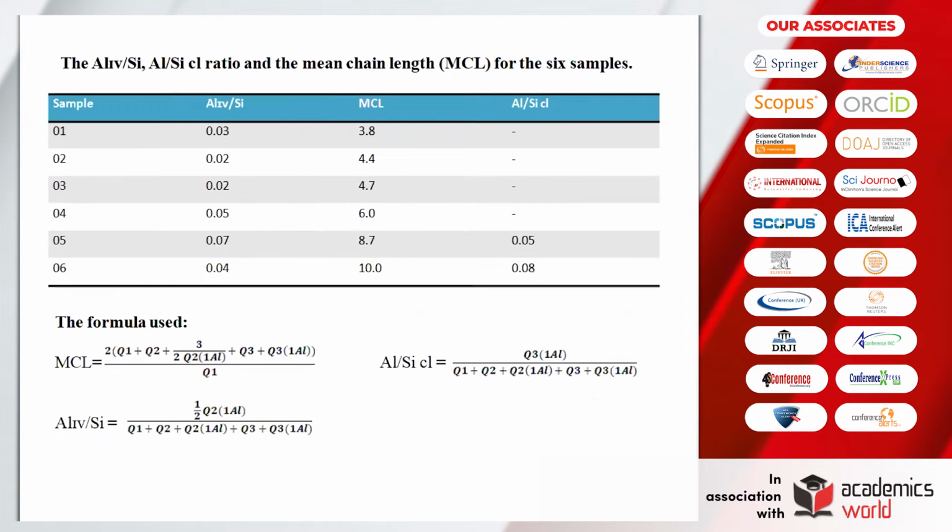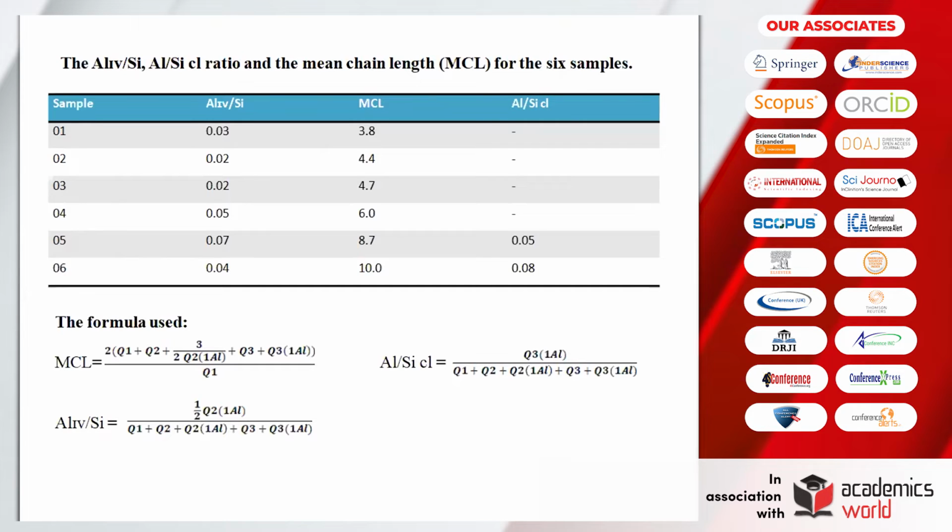Now I've done some calculations with the equations shown below. Each parameter that I have calculated represents different properties of the concrete, such as the mean chain length. From sample 01 to 06, we have an increase in mean chain length.